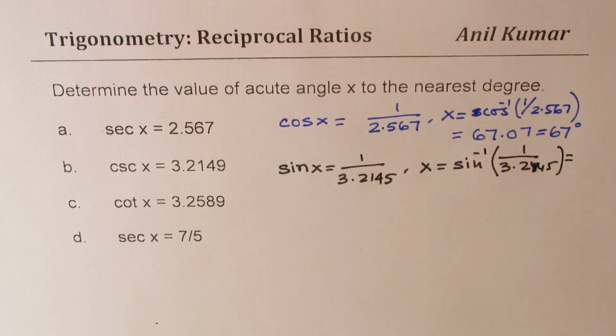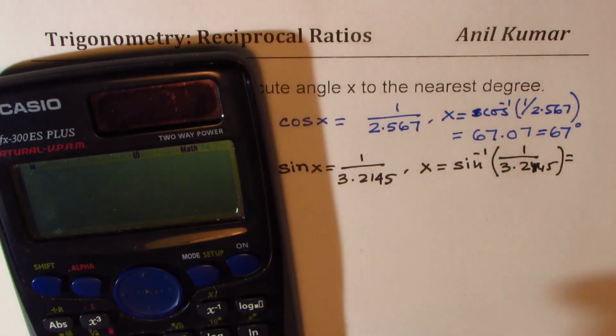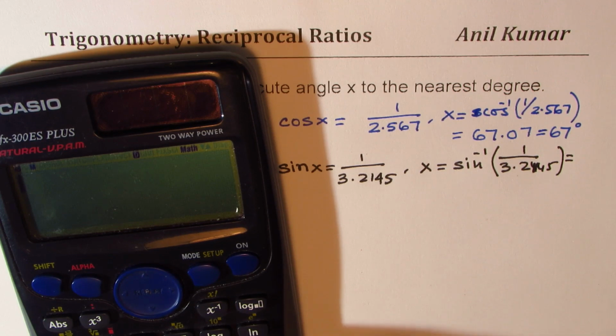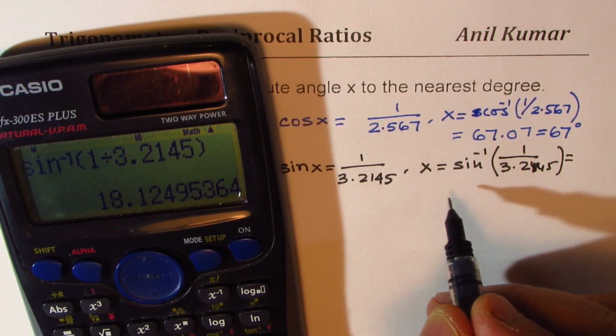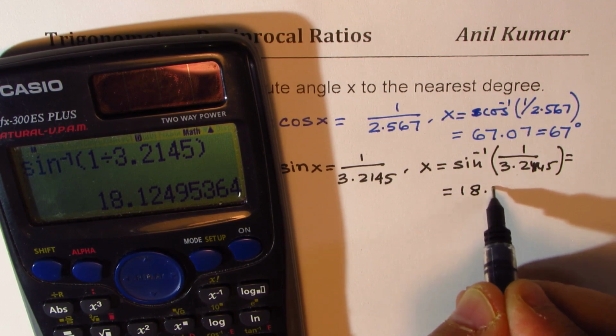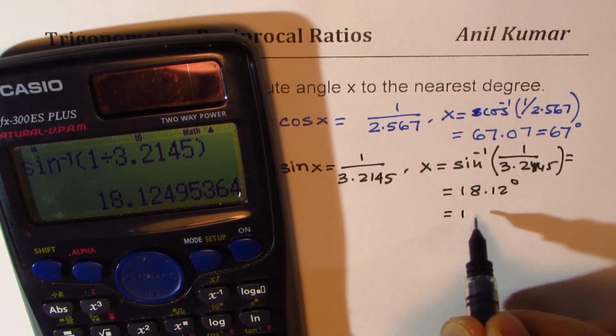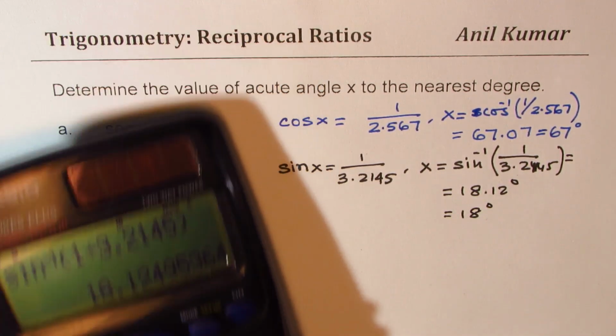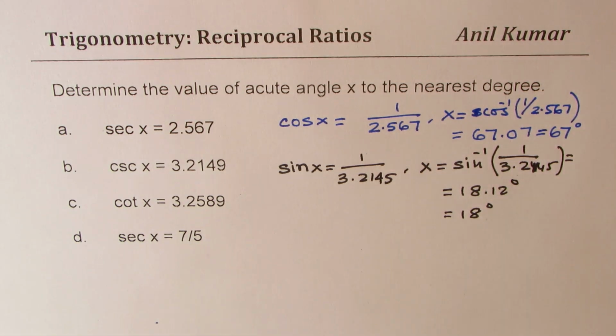Now we can use the calculator, and this time it is sine inverse. So shift sine inverse of 1 divided by 3.2149 equals. We get an angle of 18.12 degrees, or just 18 degrees. I hope the steps are absolutely clear.